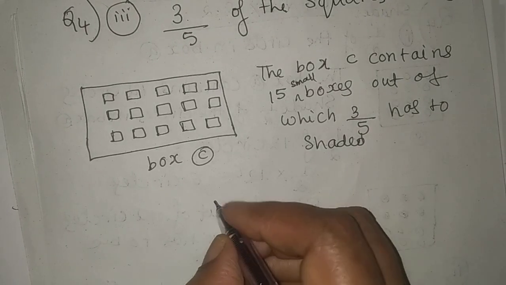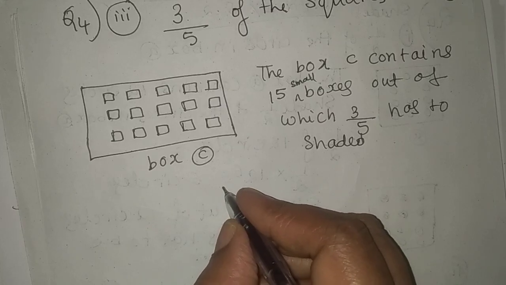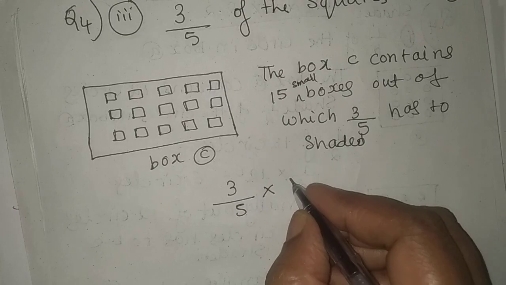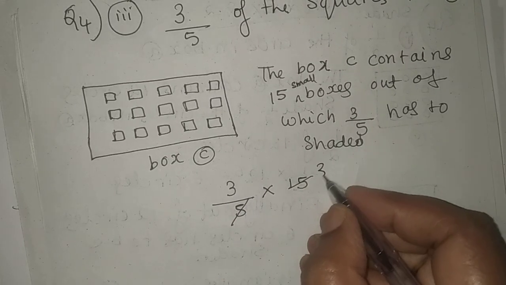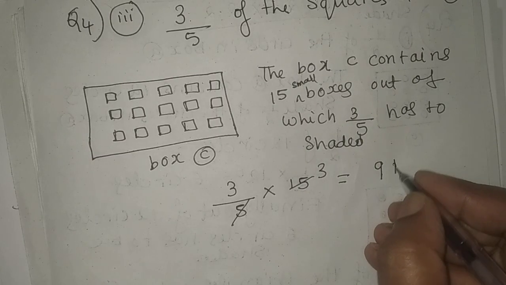For that we have to write, that is 3 by 5 into total number of boxes, that is 15. 5 ones are 5, 5 threes are 15, then it will be equal to 9 boxes.